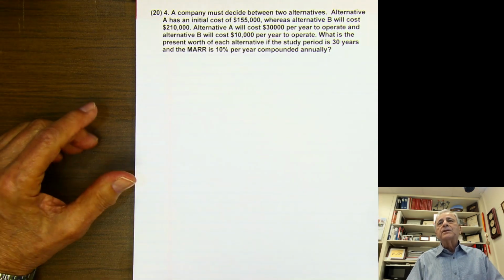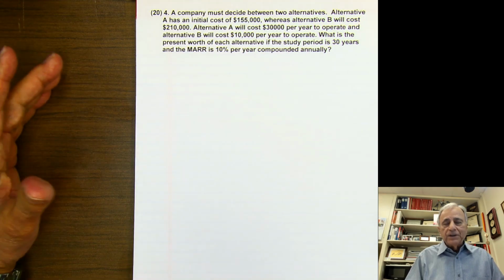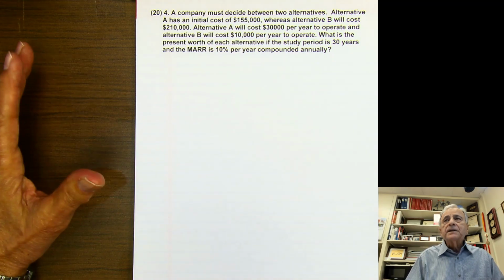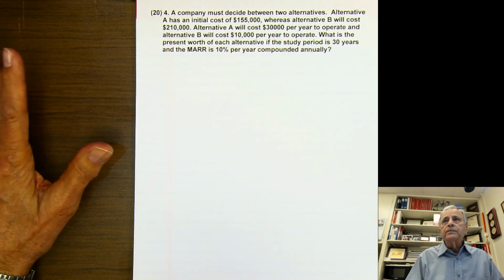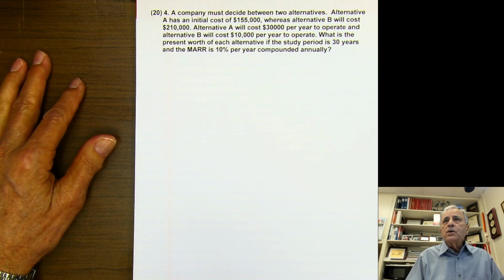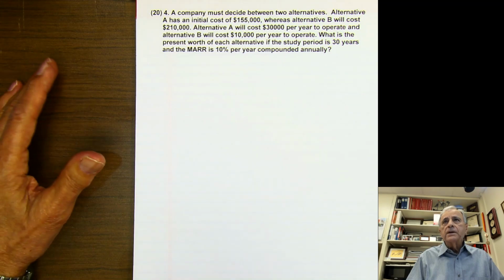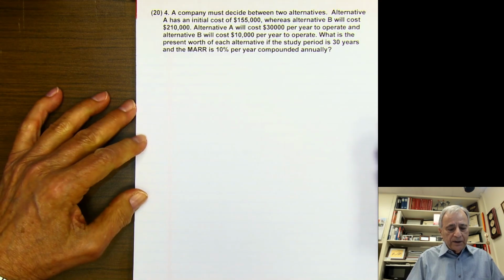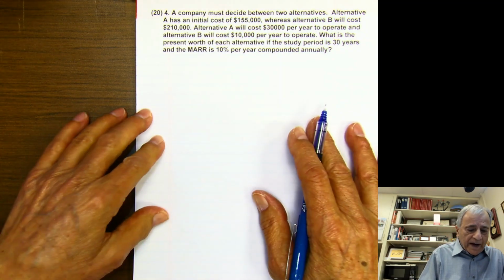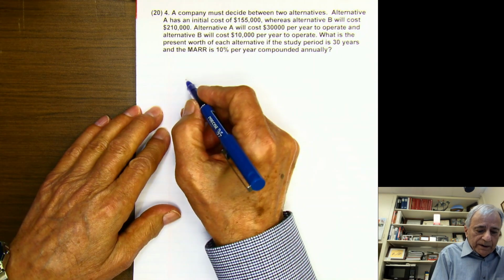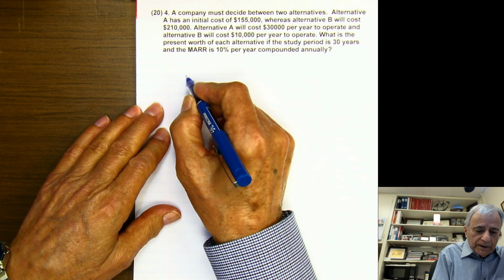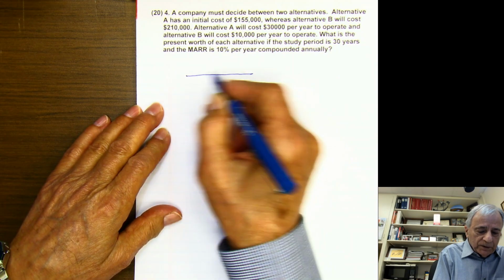That's a very common type of decision-making situation in many kinds of purchases. What is the present worth of each alternative if the study period is 30 years and the MARR is 10% per year compounded annually? So we're going to start with drawing a cash flow diagram. Let's do the cash flow of A to start with.